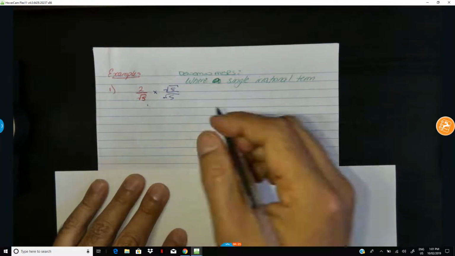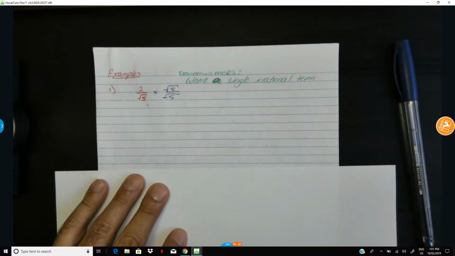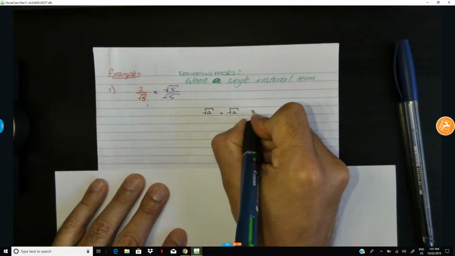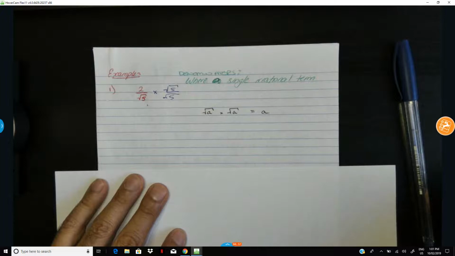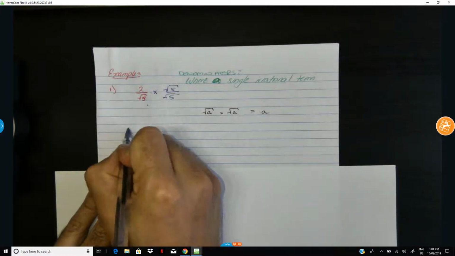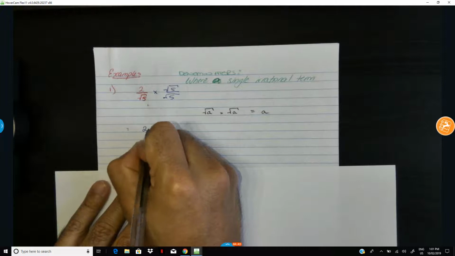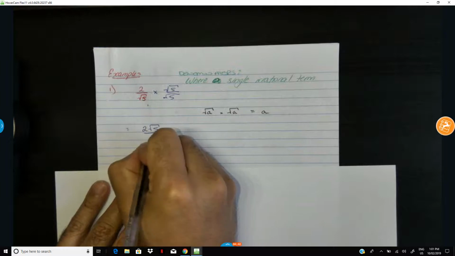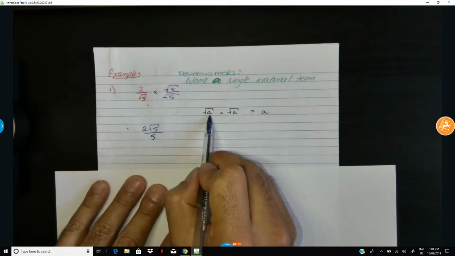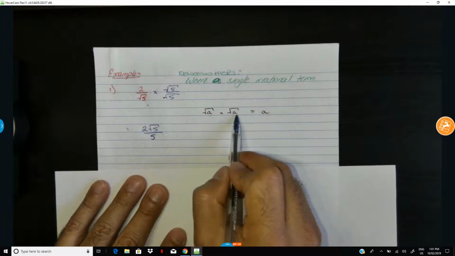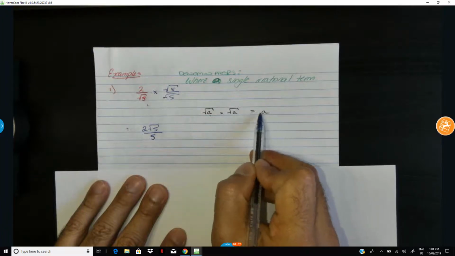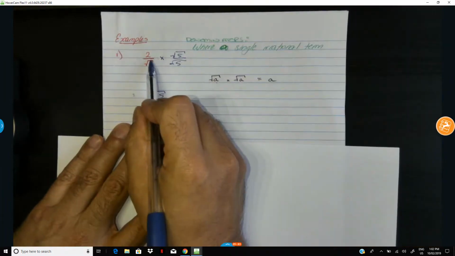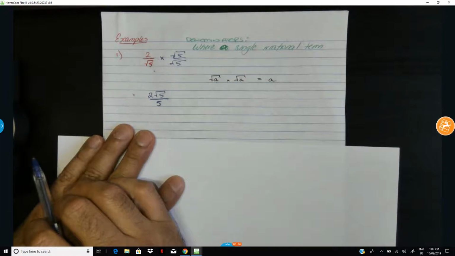And the reason why is because of the rule that square root a times square root a leaves us a. So in this example, 2 times square root 5 is just 2 square root 5, and then square root 5 times square root 5 is just 5, because the square root of a number multiplied by itself gives you the number. Okay, and that's how we rationalize the denominator. So the solution is 2 square root 5 over 5.